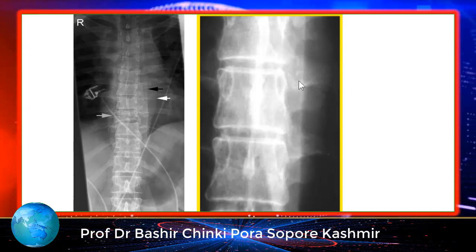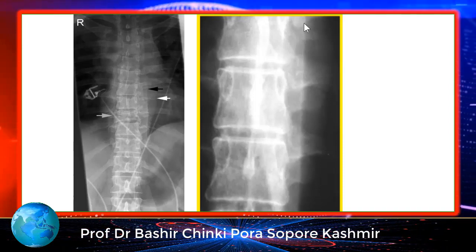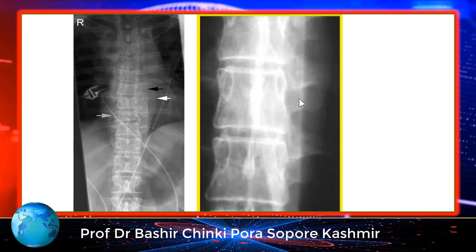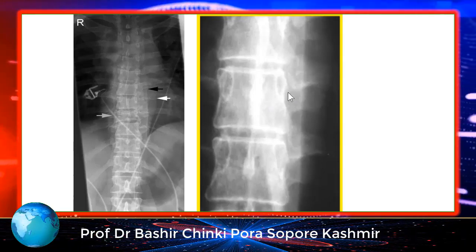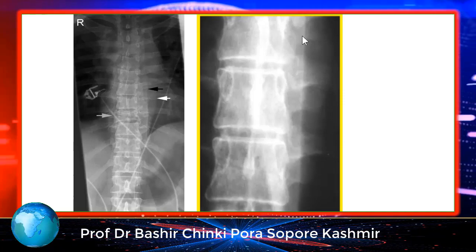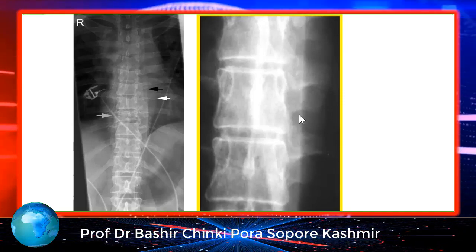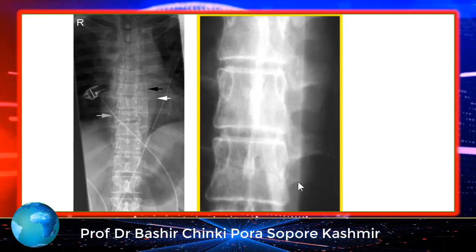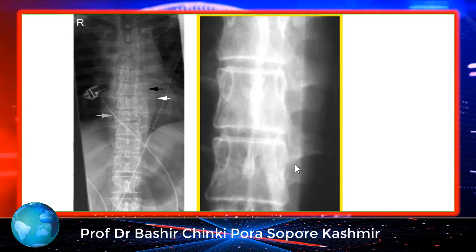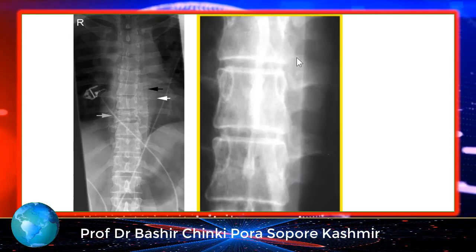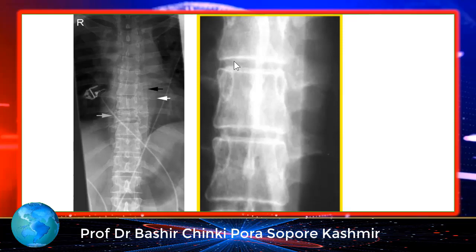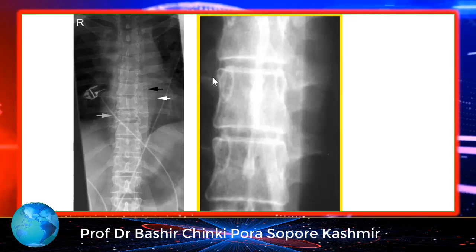Now if you see here, this line is clearly seen on the left side of the vertebral column. This is the left paravertebral strip or left paravertebral line, and on the right side we don't see it.